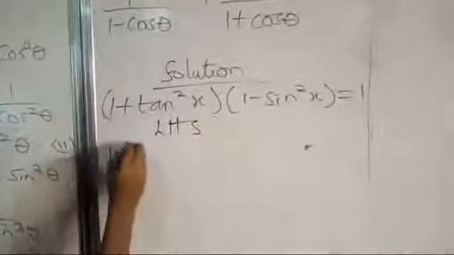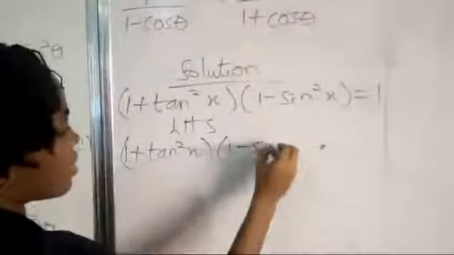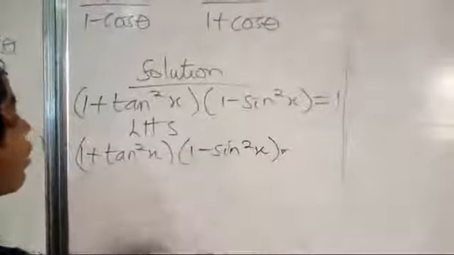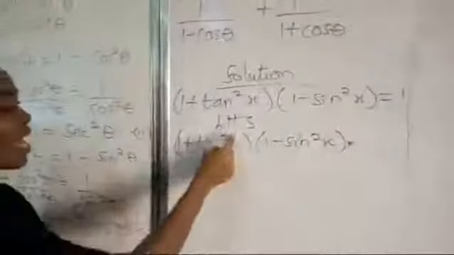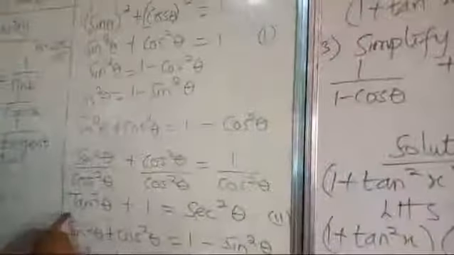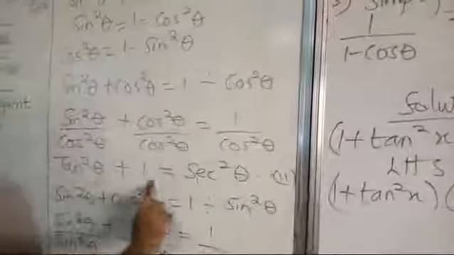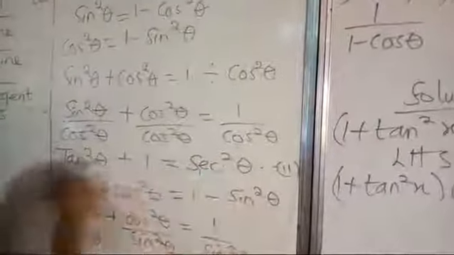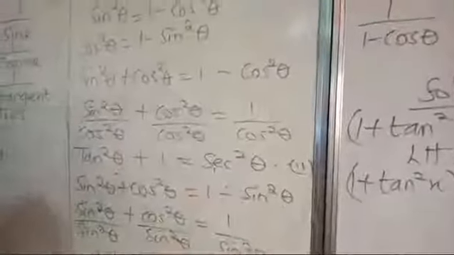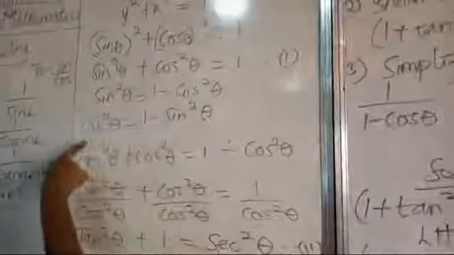Left hand side is 1 plus tan squared x, 1 minus sine squared x. Remember I told you that the angle here doesn't matter, it can be alphabet, it can be theta. Then let's go back to what we just derived. I believe you can see the 3 identities. Can we see something that relates to tan here? Tan squared theta plus 1 is sec squared theta. That's the first one. Then the other one, you can see 1 minus sine squared theta is equals to cos squared theta.